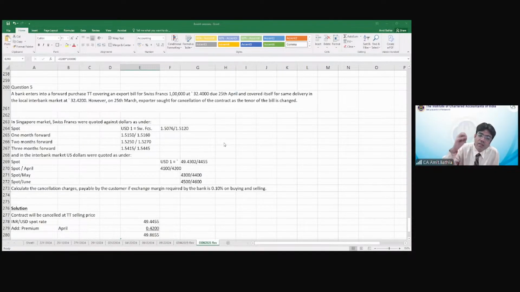Yes, sir. Now, in order to cover your position, you have gone to the interbank and covered yourself with another forward contract where you are going to sell it to somebody else at 32.42. So what you will get is 32,42,000. So the 2,000 in between is your margin as a banker. But I mean, there is no relevance with the question asked, I suppose.